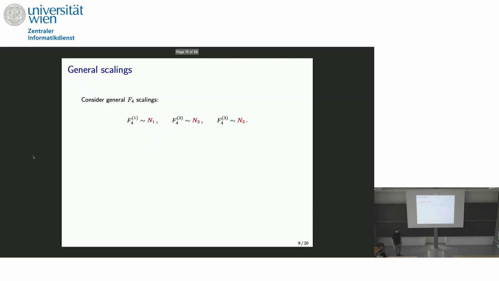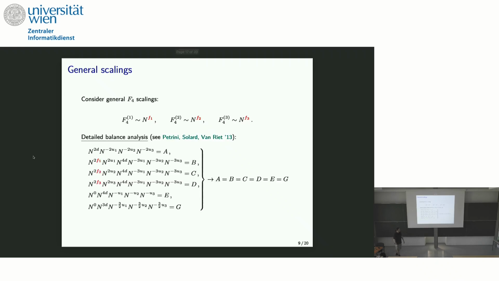Now, let's try to generalize this. We take different values for the F4 fluxes, F1, F2, and F3, while in DGKT those values were the same. Let's keep the bases the same, n, and put different exponents. And then perform the so-called detailed balance analysis, which is nothing more than requiring the terms in our scalar potential, or the terms in our smeared 10D equations of motion, to scale the same way.